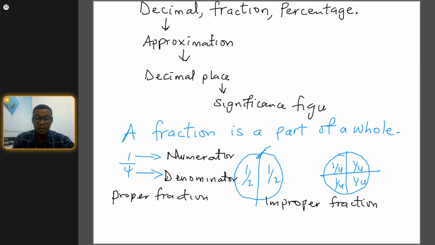Suggest a fraction that is a proper fraction. I'm waiting. Just cite an example of a proper fraction in the chat box.